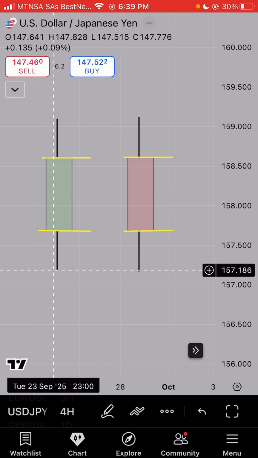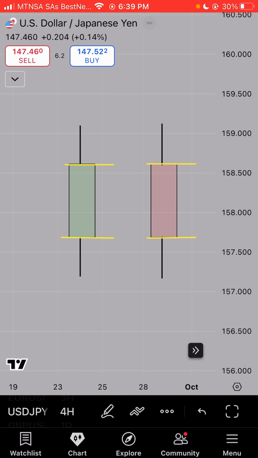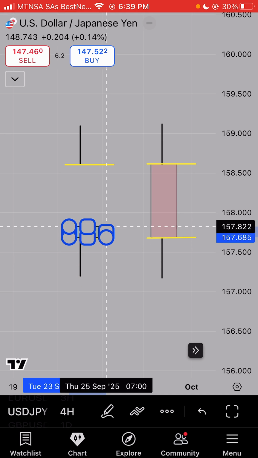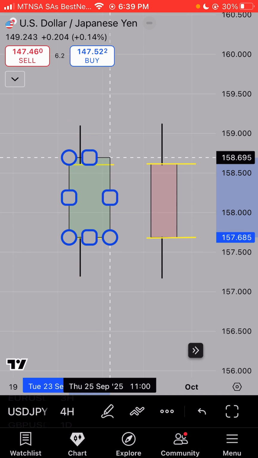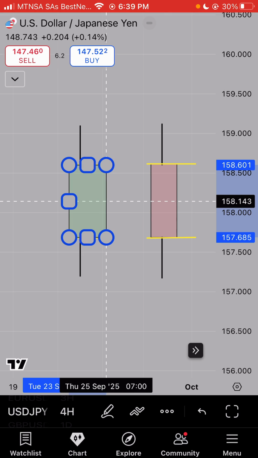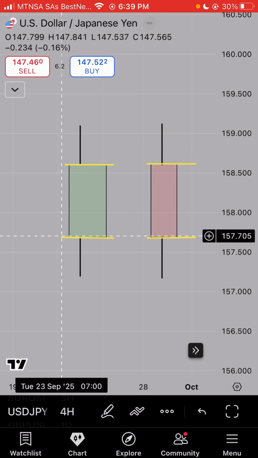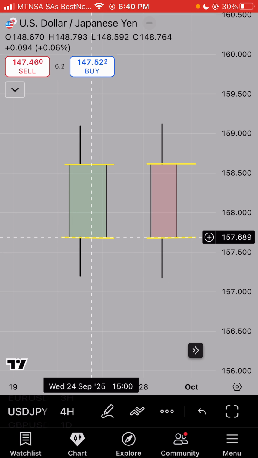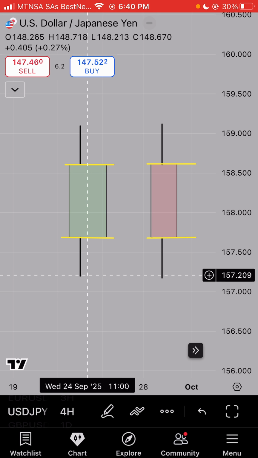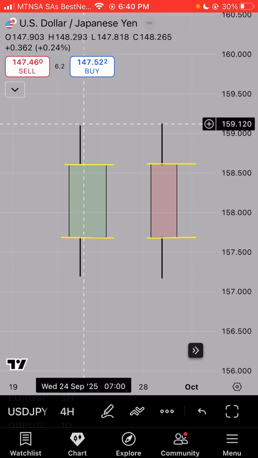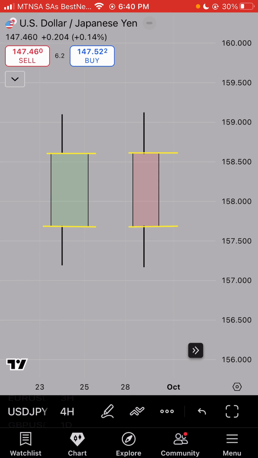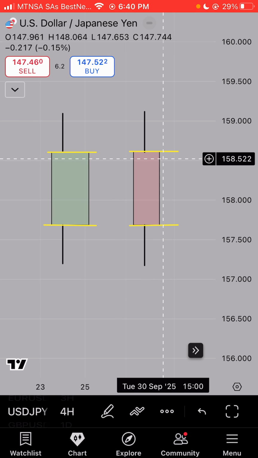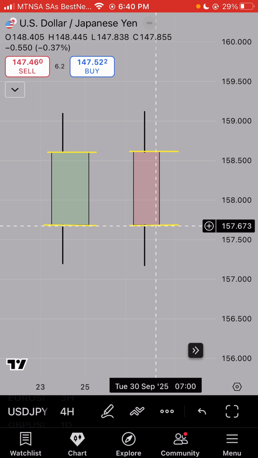No, this just shows you that once upon a time the market moved to this area, then moved to that area, and then closed like this. So this is the opening of a bullish candle, and that is the close of a bullish candle. And for a bearish, it opens above and closes below.